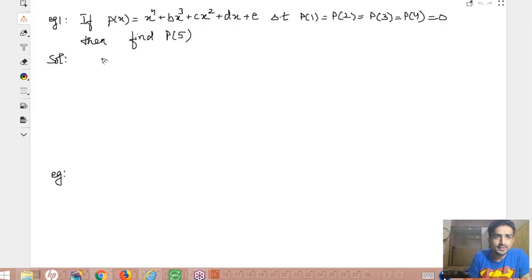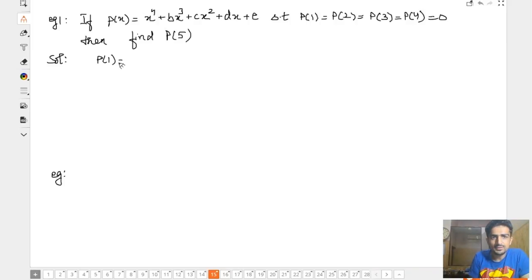Guys, this p of 1 is 0. What does that imply? It implies x equal to 1 is a root of p(x). Similarly, p of 2 is 0. This is 0 and this is 0.